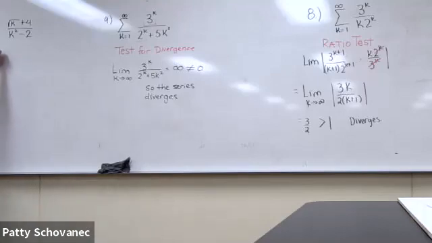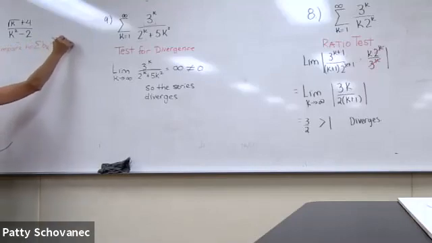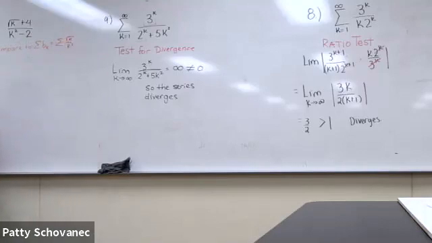We're going to try compare. I just threw away the numbers. I threw away the 4, I threw away the 2, and I can simplify that as 1 over k to a power.